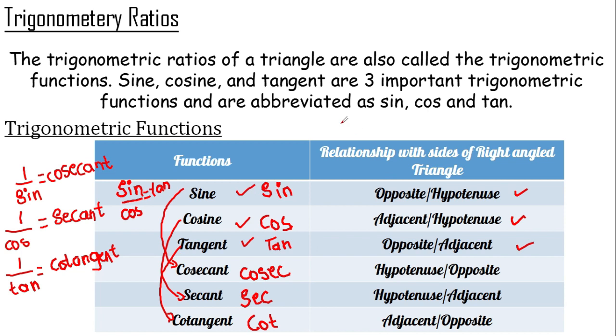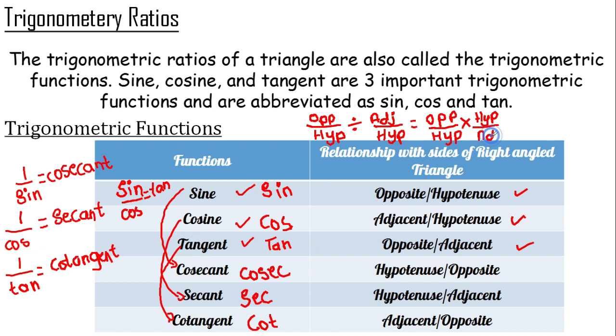Sine is opposite by hypotenuse, so I will write it as opposite by hypotenuse, and it is divided by cos. Cos is adjacent by hypotenuse. While dividing we just reverse it, so opposite by hypotenuse into hypotenuse by adjacent.